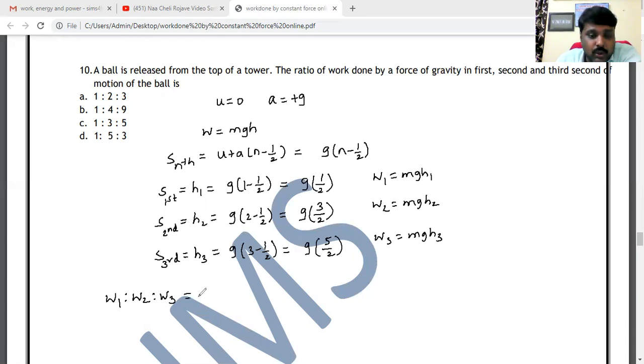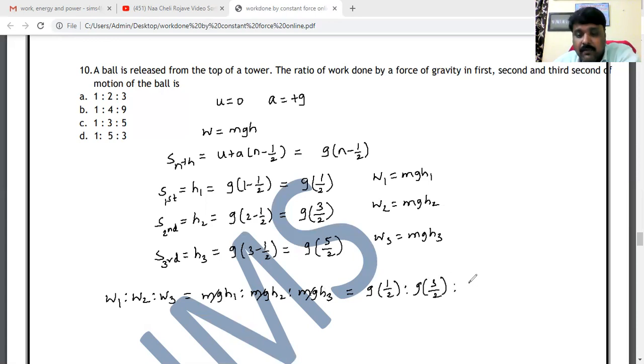Let us substitute those values over here. mgh1 is to mgh2 is to mgh3. mg gets cancelled in all three. h1 we have as g of 1 by 2, h2 we have as g of 3 by 2, and h3 we have as g of 5 by 2.